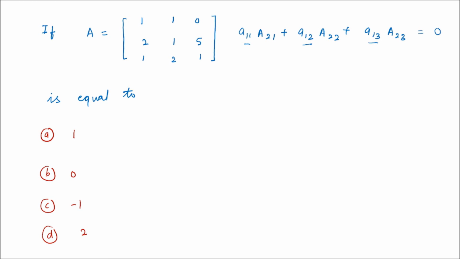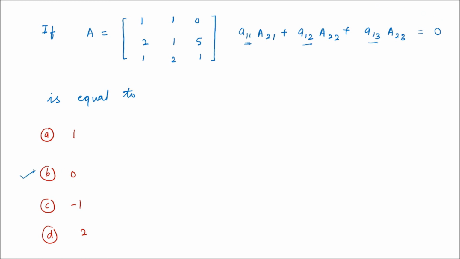That is the summation of the products of elements of any row and their corresponding cofactors. So here this will be 0, because the corresponding cofactor of A11 should be capital A11, of A12 should be capital A12, of A13 capital A13. Otherwise its value will be 0.